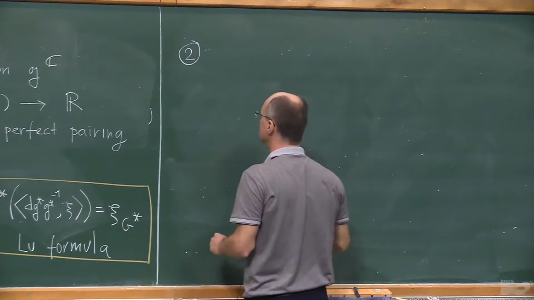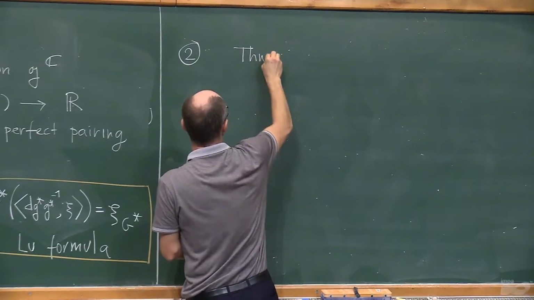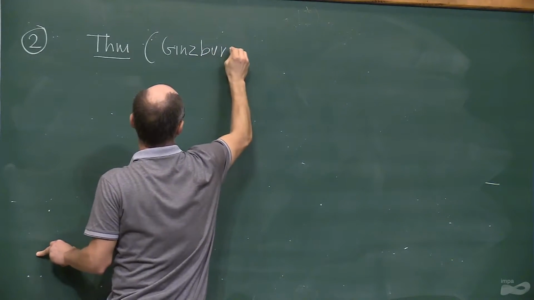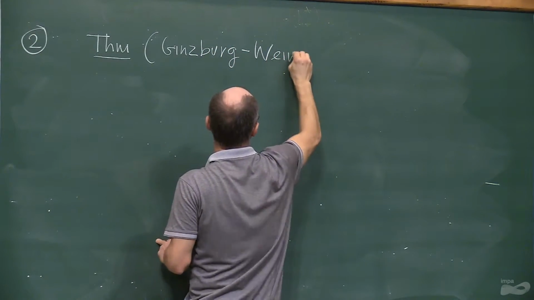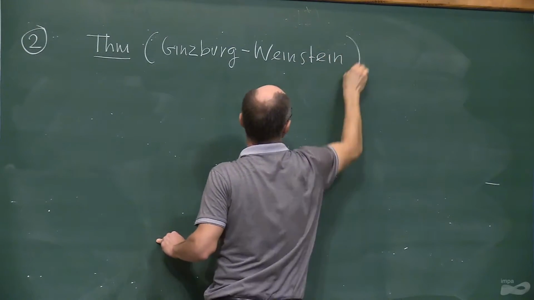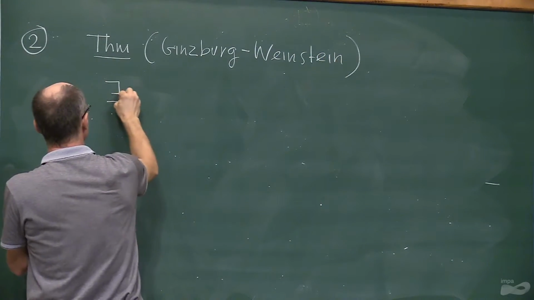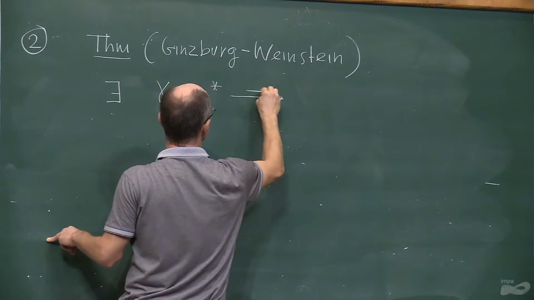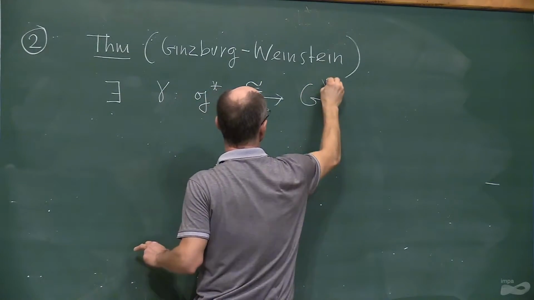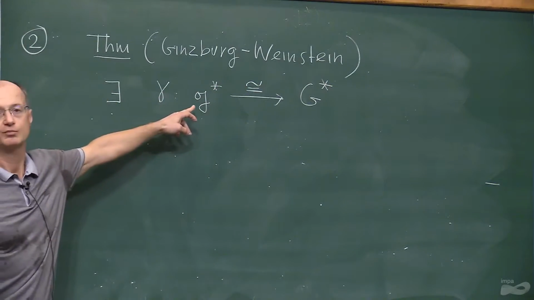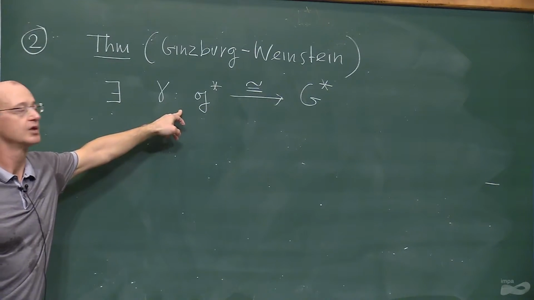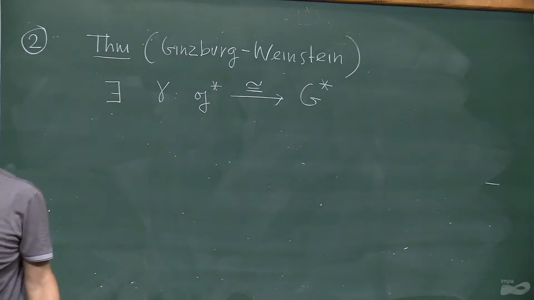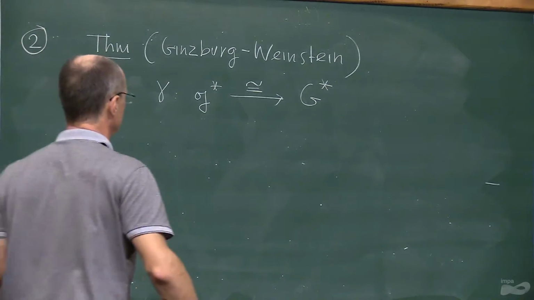So now step 2. This is also some classical result due to Ginzburg and Weinstein. And this result says that there are global Poisson isomorphisms between small g star with the Kirillov-Kostant-Souriau Poisson bracket and the capital G star with this Poisson bracket that I implicitly described over there.